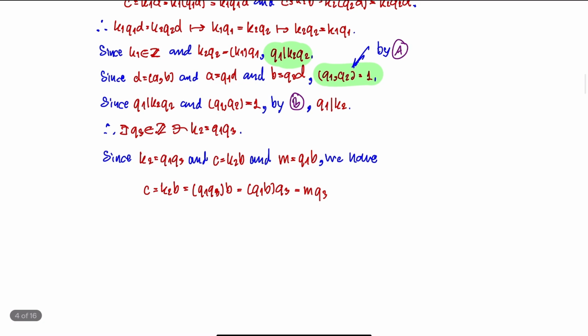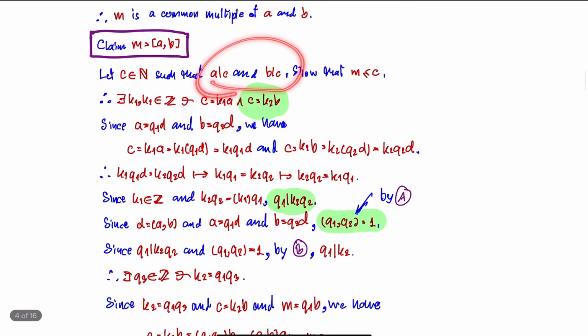Since Q3 is an integer and C equals Q3 times M, that means that M divides C. When M divides C, M is less than or equal to C, and C is a common multiple of A and B.